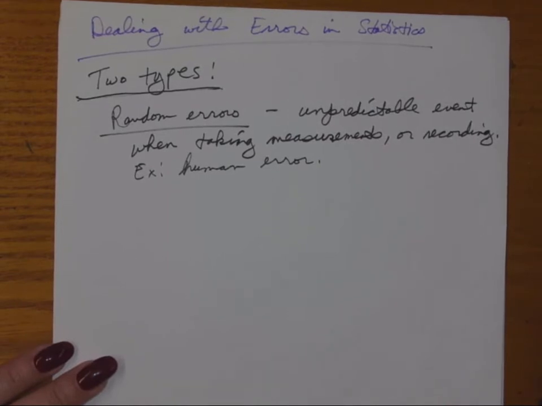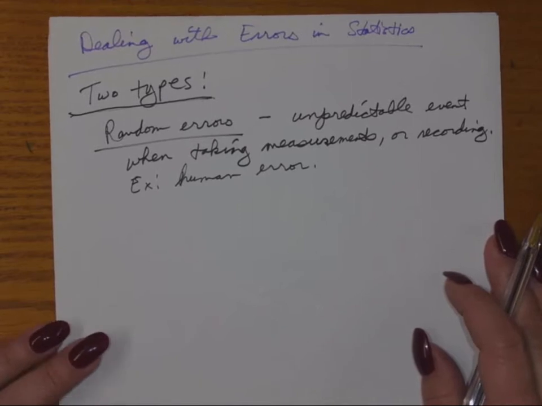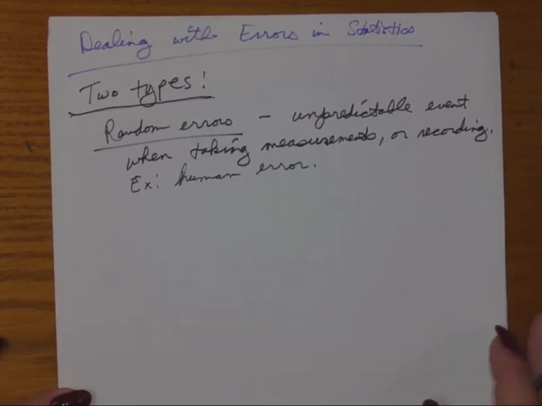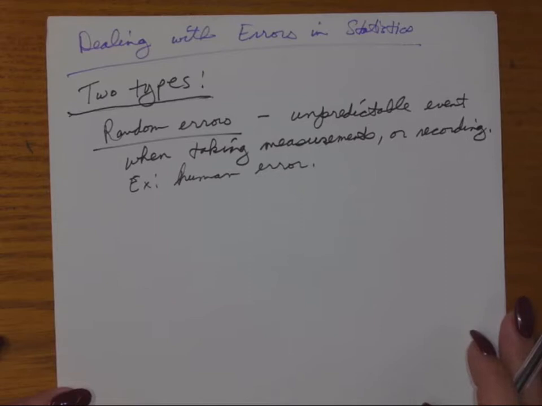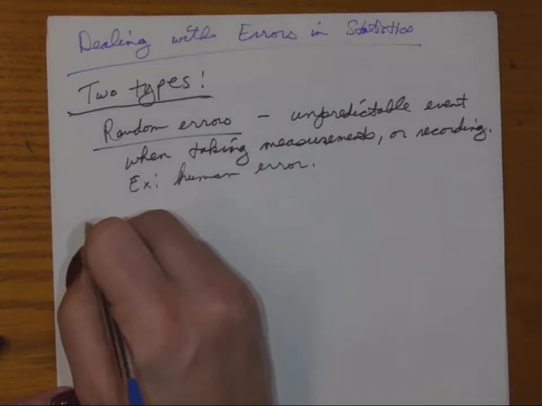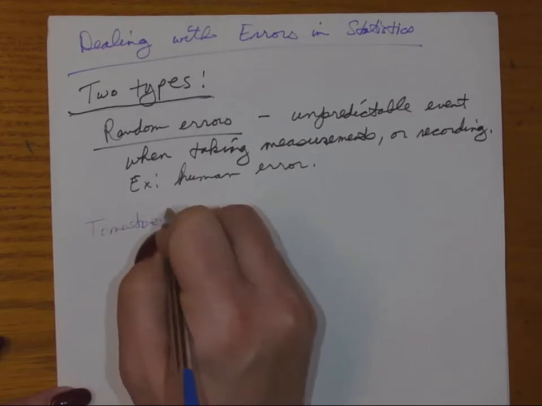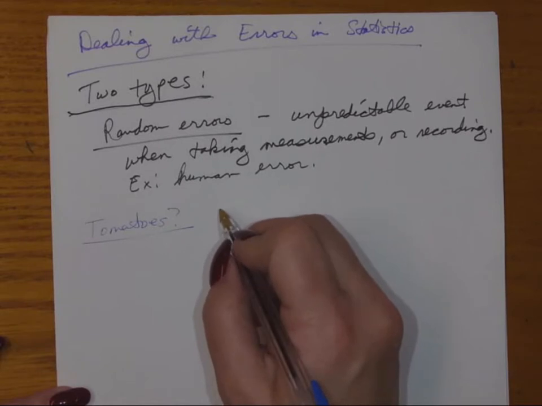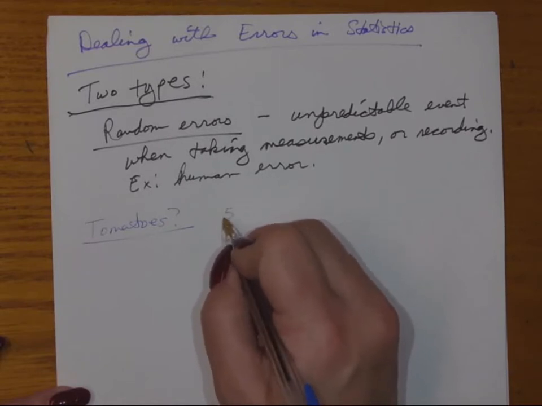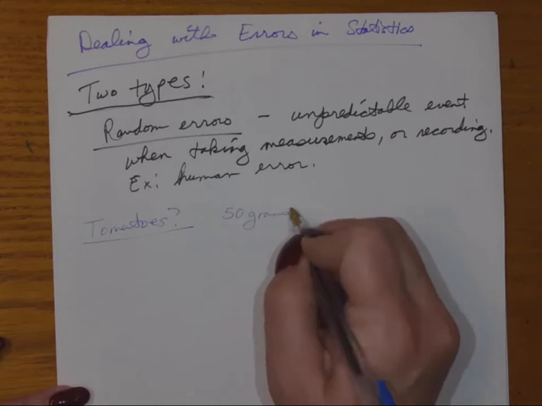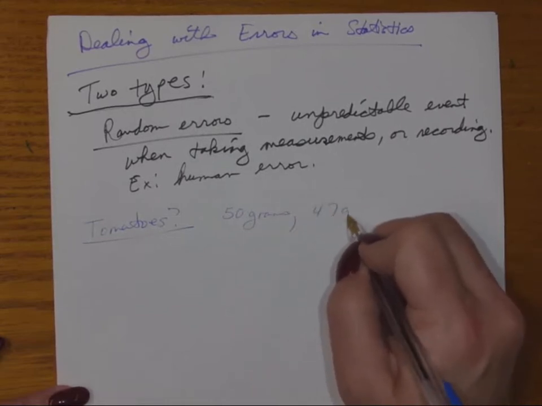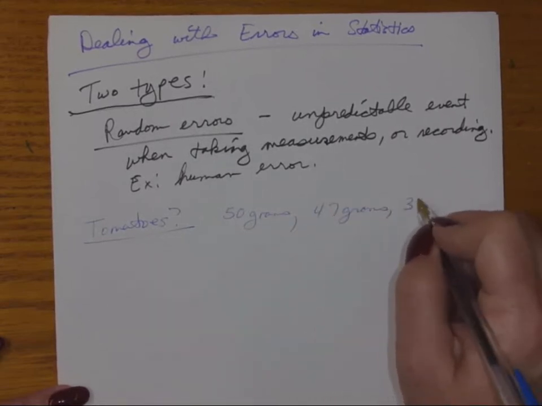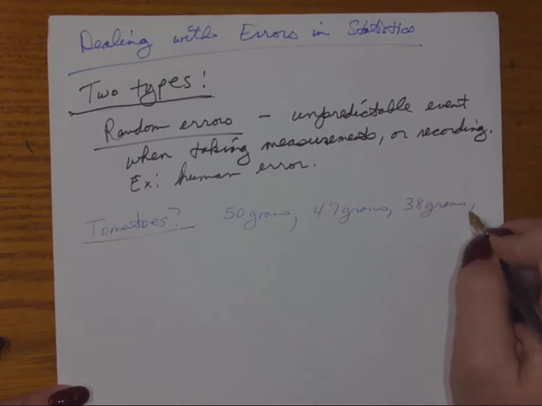So I've talked in this class before about measuring my tomatoes. Some of them I use fertilizer with, and some of them I don't. Going back to that example, let's say that I have measurements that I have taken weighing these things, and one of them is 50 grams, and one of them weighed 47 grams, and one of them was 38 grams.